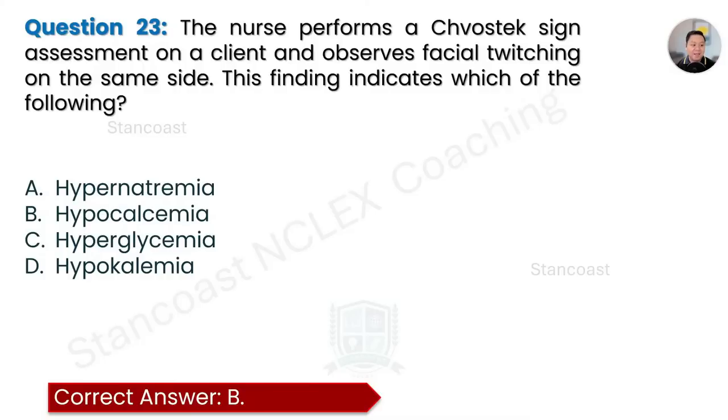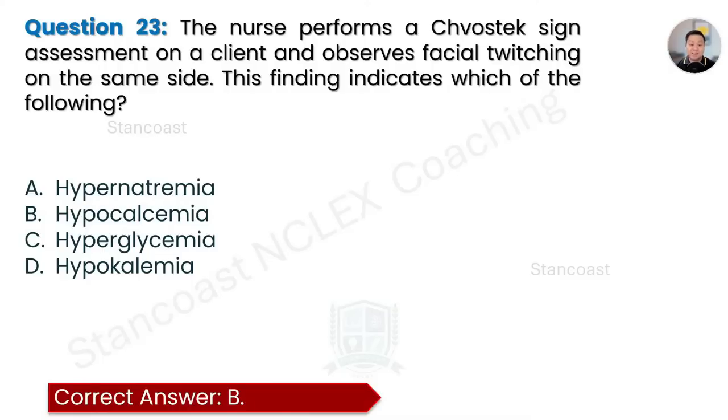Now, we have letter A as one of the incorrect options. The hypernatremia is going to typically present with neurological symptoms such as irritability, could be confusion, could be lethargy, but not muscle twitching. Letter C is another incorrect option.